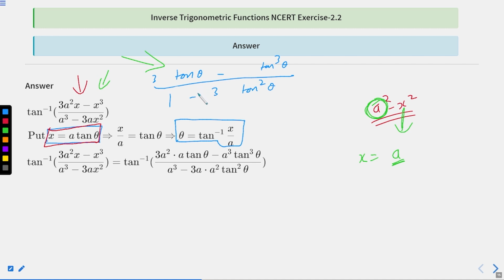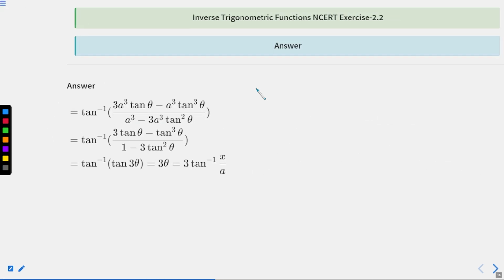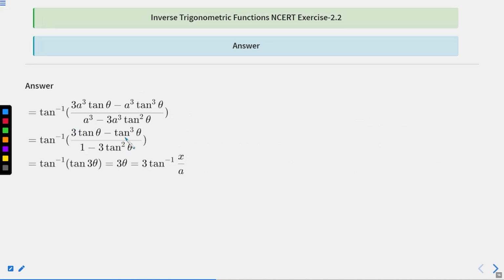Now this expression is just 3 tan theta minus tan cube theta over 1 minus 3 tan square theta. So this is nothing but tan 3 theta. Use the tan 2 theta plus theta formula and you will get this. So don't wonder that this equals tan 3 theta.